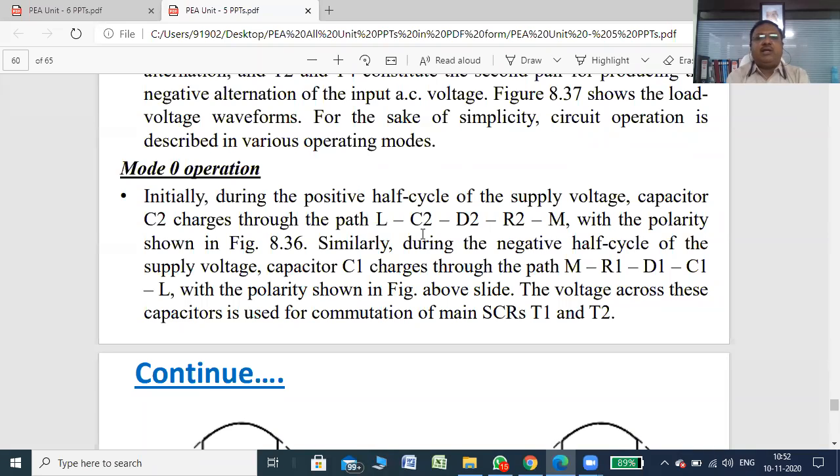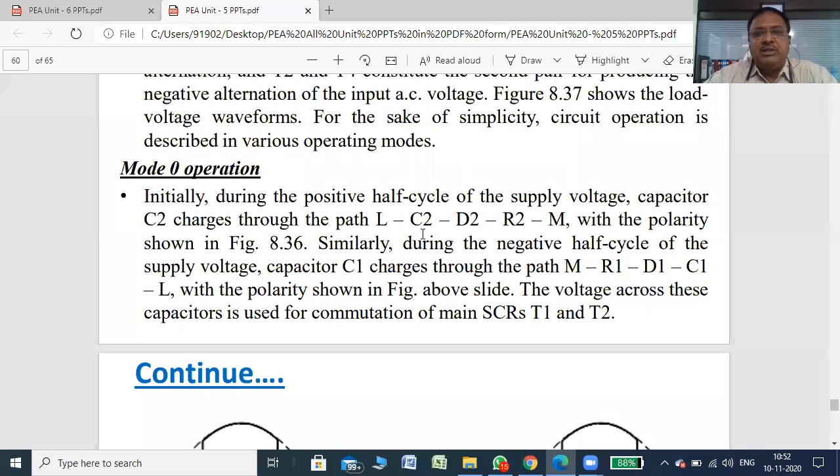In DC circuits, we start our working by turning on the DC supply, right? But in an AC circuit, the working of the circuit will start with the positive half cycle. Every time we use the first positive half cycle, and whatever the circuit operation during the positive half cycle, we first understand that. And then we will apply the negative half cycle.